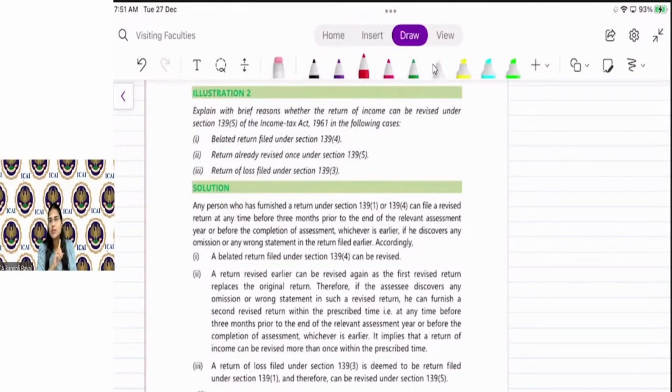And if return is not filed, then in that case to the date on which the assessment is completed. Okay, Dhyanesh, clear now?